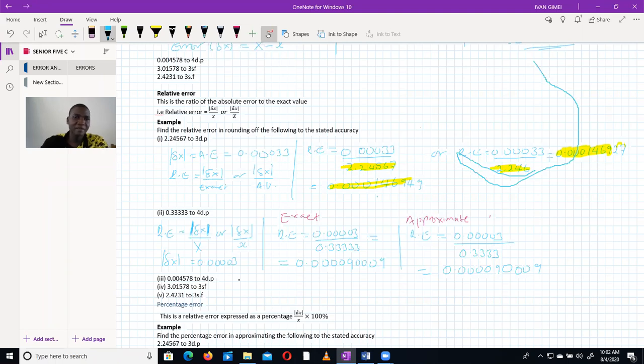In fact, error analysis is the backbone of numerical methods, because even in linear interpolation 2, we're going to apply the same concept of error analysis, how to get the error. Trapezium rule, we shall also apply it. Then iterative methods, flowcharts, all the other areas. There is no other area in numerical methods that has no error analysis. So that's why we should take ample time to conceptualize it, so that we don't misfire when it comes.